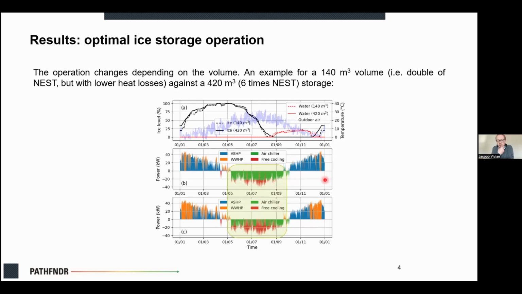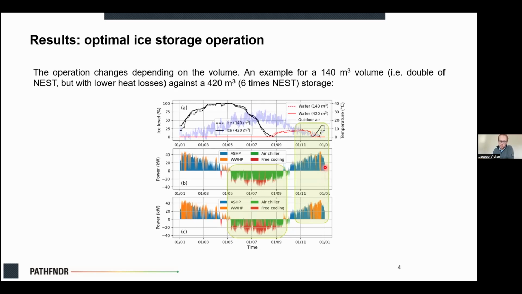So the ice storage is used both to cover the cooling demand, but also to shave peaks during the cooling season. And if you look at the winter season, you can see a difference between the size of the storage.